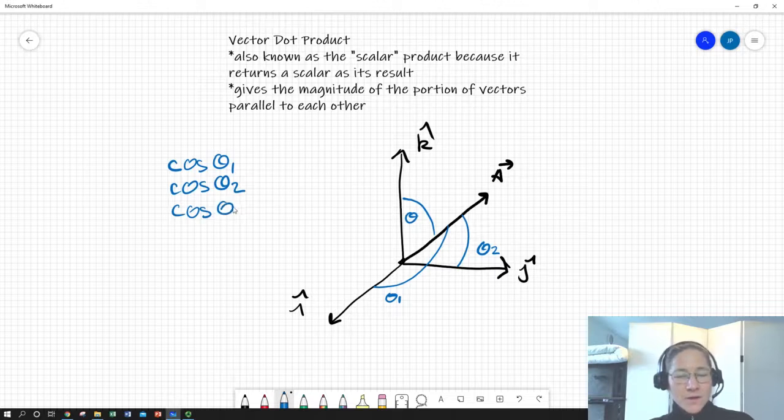And so we can relate those to vector A by remembering that that would be defined as, in this case, A dot i divided by the magnitude of A times the magnitude of i hat, which is of course 1.